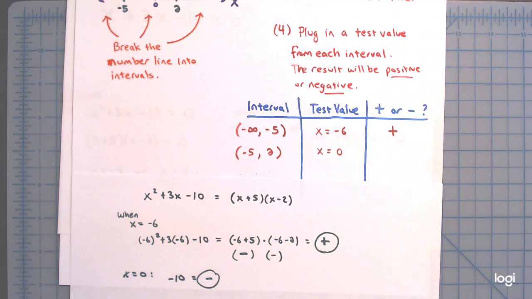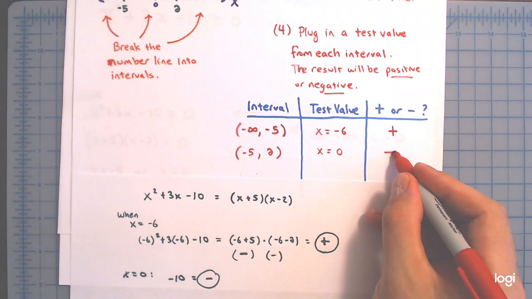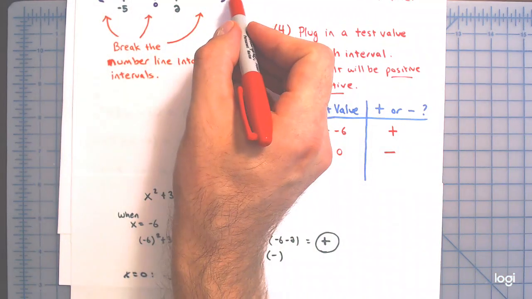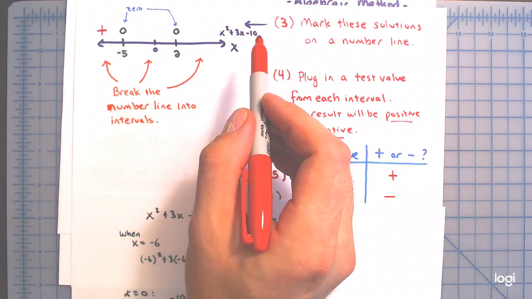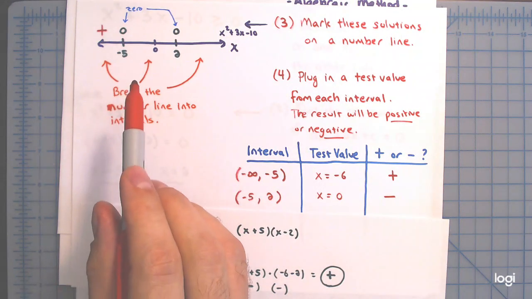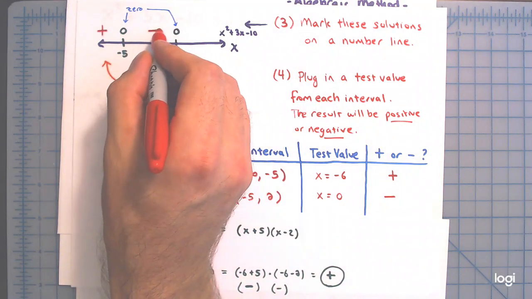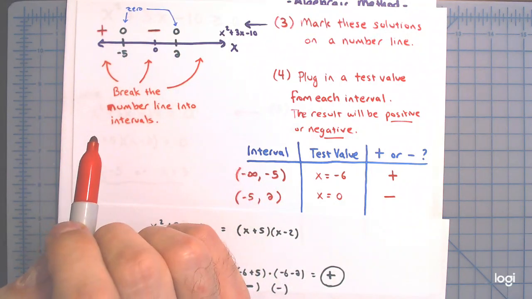So the value of the expression for any input between -5 and 2 will be negative. So back on my number line, for these values between -5 and +2, I'll put a little minus sign.